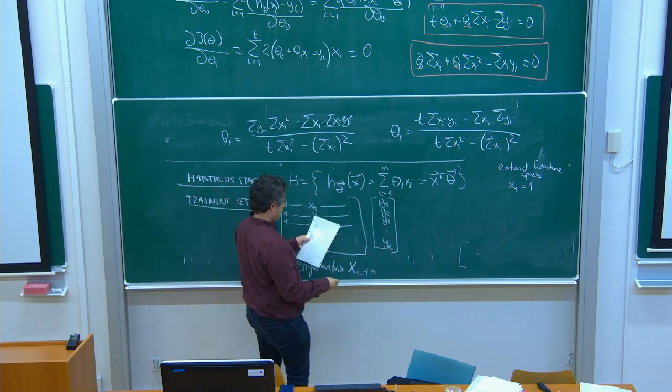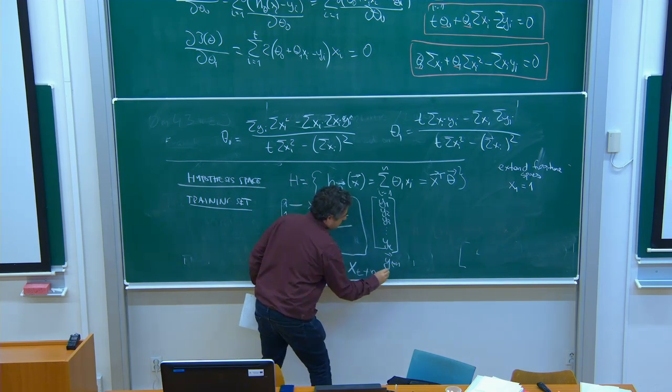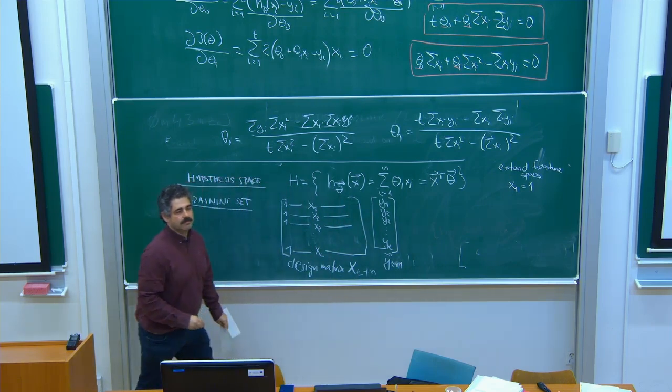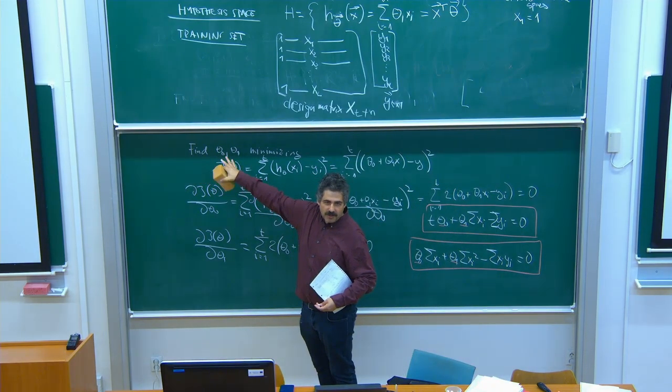Okay, so this is the target vector with T rows and 1 column.